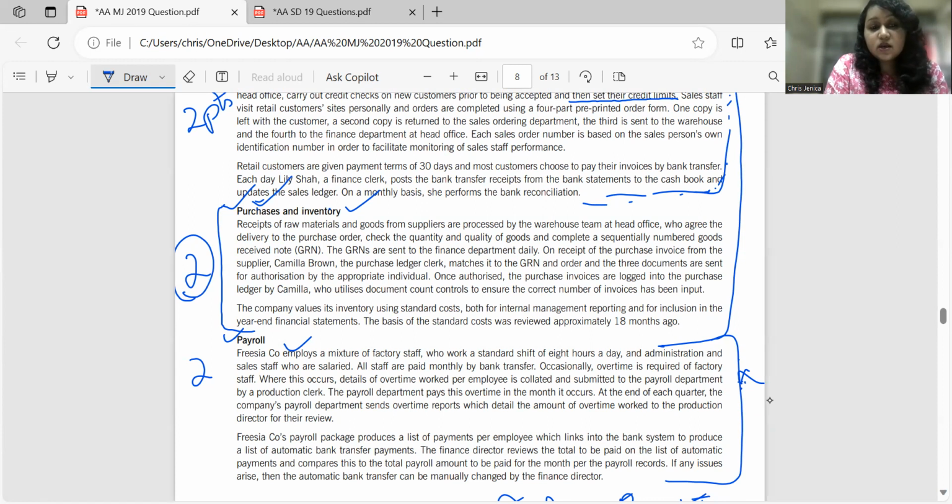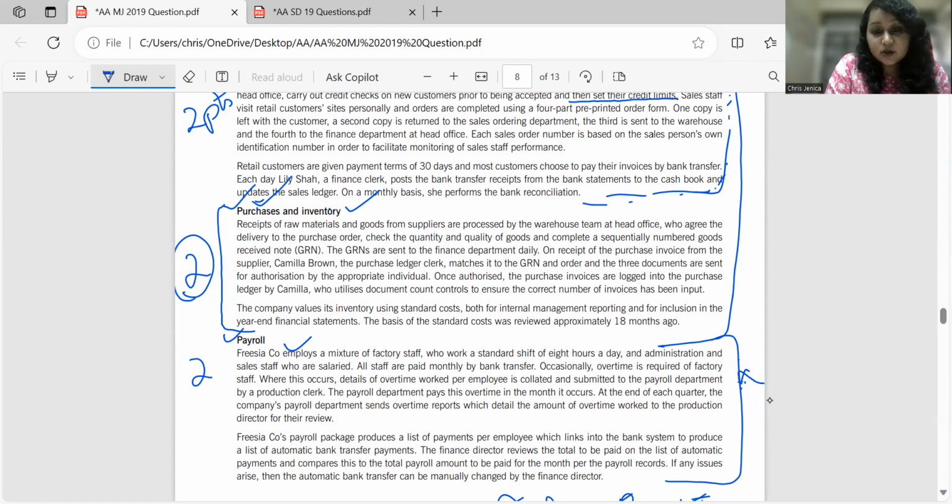So under purchases, receipts of raw materials and goods from suppliers are processed by the warehouse team at head office, who agree the delivery to the purchase order, check the quantity and quality of goods, and complete a sequentially numbered goods received note, that is GRN.